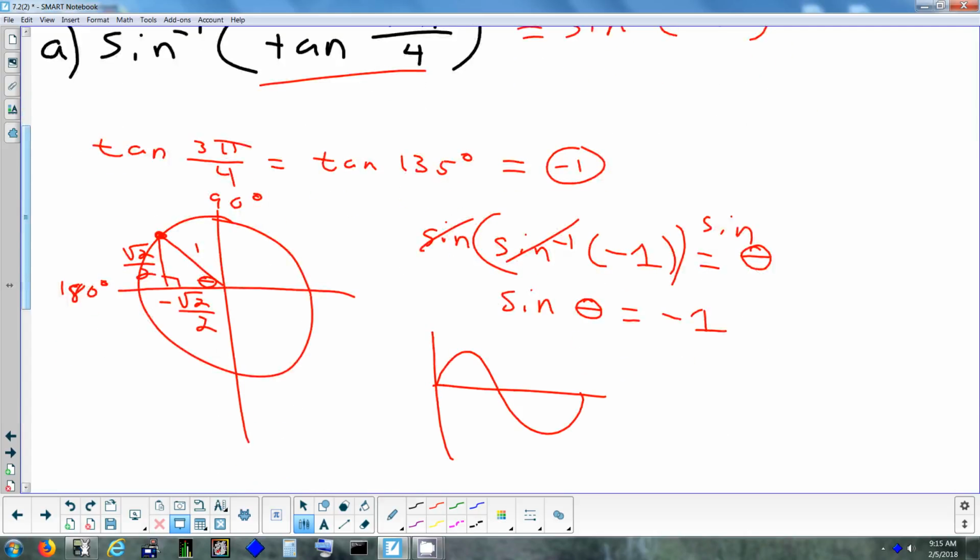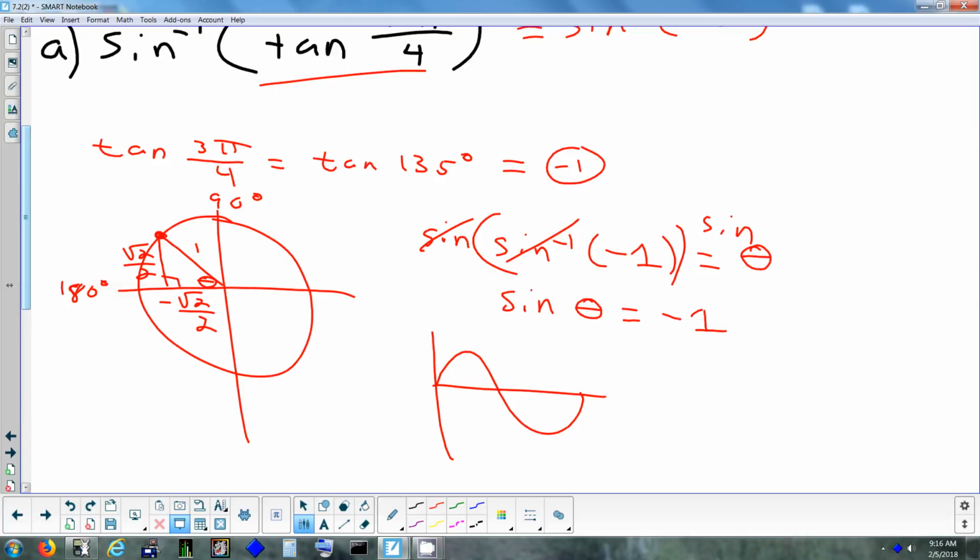So you can think of it as a circle or as a graph. But can anybody tell me what angle would have a sine of negative 1? Leo? 270, right? Yeah.